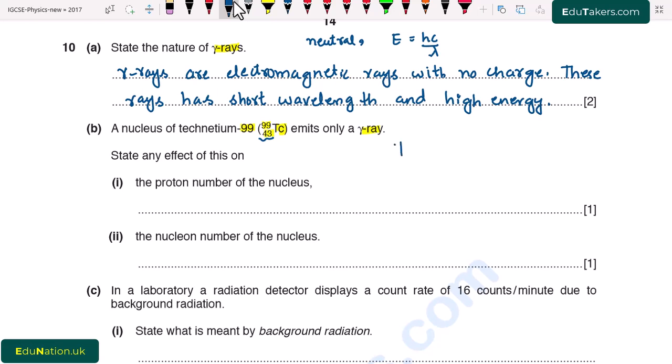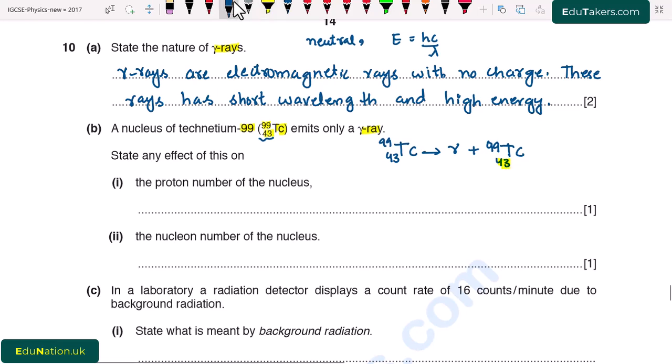So when Tc 43 and 99 emits gamma rays, there will be no effect on the mass number or atomic number, because gamma rays are actually emitted to change the unstable element into a stable one. So it remains the same. Here will be 99 and 43. So the number of protons is basically equal to the atomic number, that is 43.